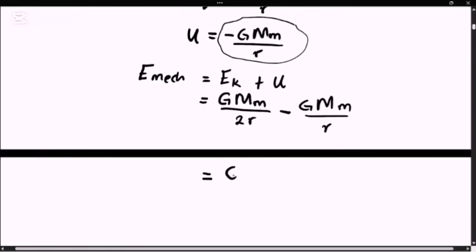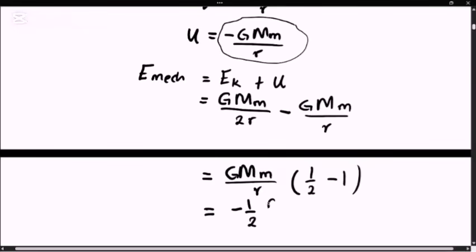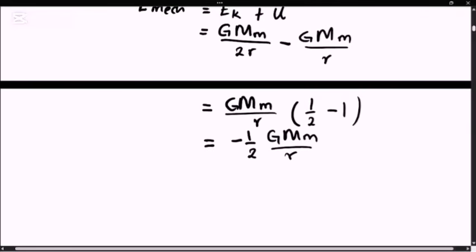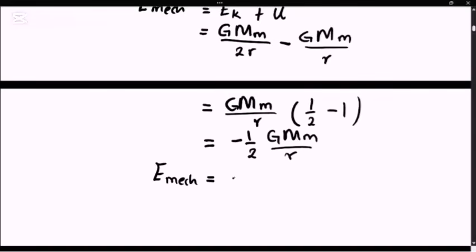From here, you can see something in common, which is GMm over r, so you will factor it out. You will be left inside with 1 over 2 minus 1. So if you press your calculator, at the end it must give you negative GMm over 2r, which is your mechanical energy.